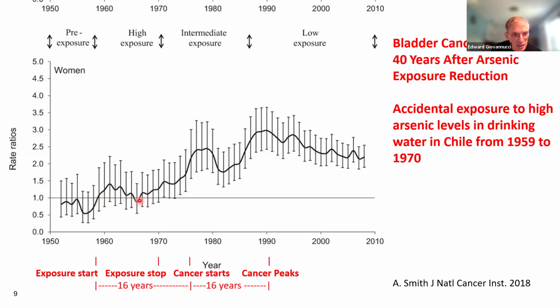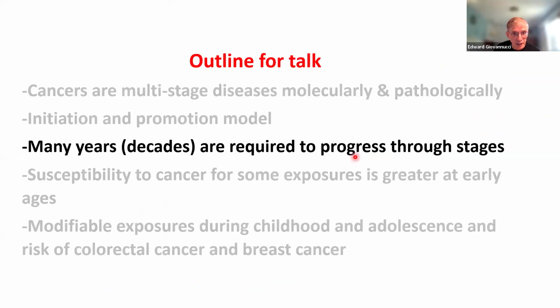Exposure starts at 59, and then almost 20 years later, rates start going up, and interestingly, you can see that rates remain almost twofold higher than the unexposed population, even up to 2010. So you have this one-time exposure, and then you have this maintenance of high rates of cancer many years later. So that's a little bit of background.